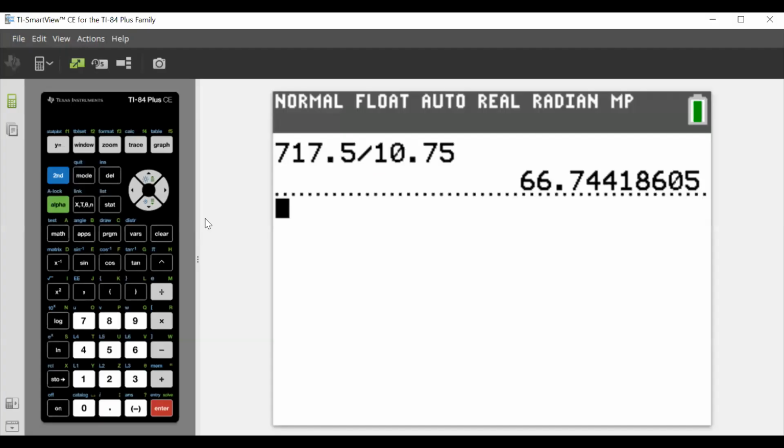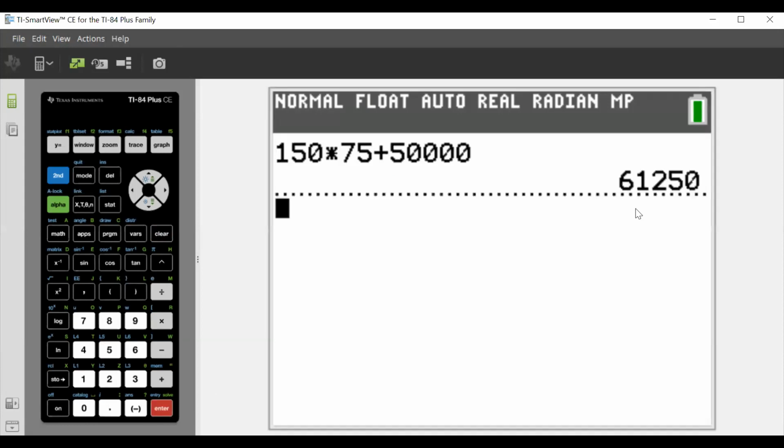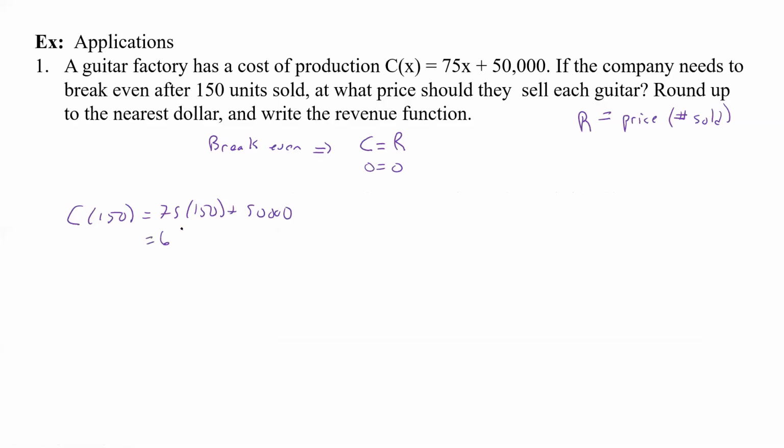So we had 150 times 75 plus 50,000, and 61,250 is what that value is. And so this is what our cost is going to be equal to. So that means that's what our revenue is equal to.